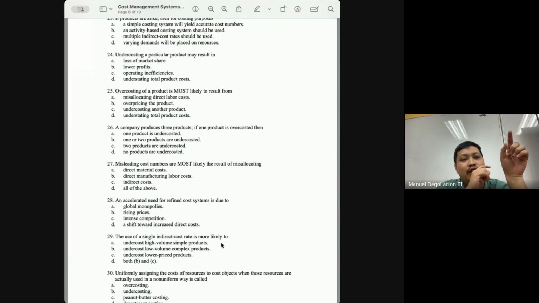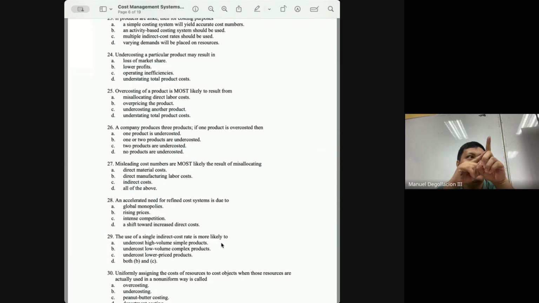Why? If you undercost a product, class, then it would lead to another product being overcosted. And if the product that is overcosted represents a significant portion of your product mix or your sales mix, let's say, for example, you have two products, A and B. A represents 20% only, B represents 80% of your sales, and you overcosted product B, then that means your cost of goods sold would be very high.